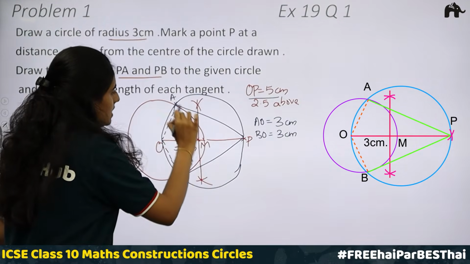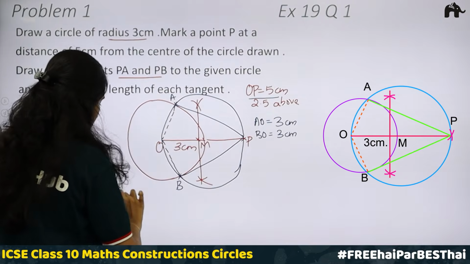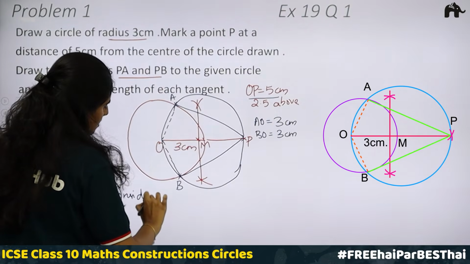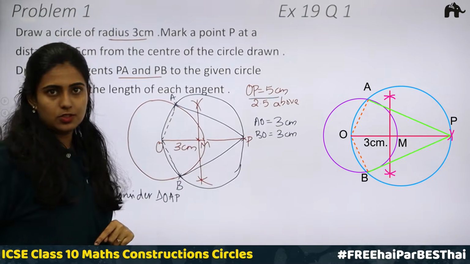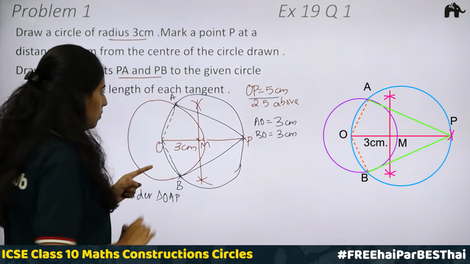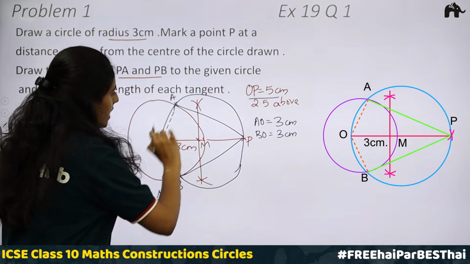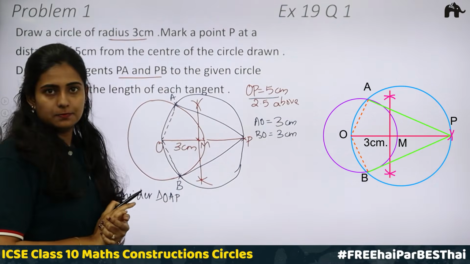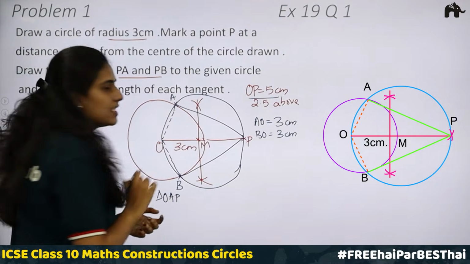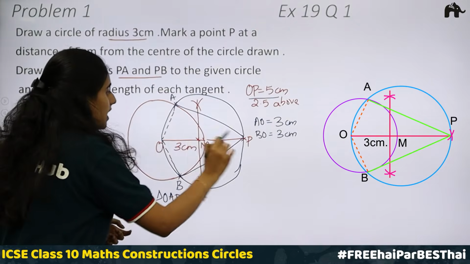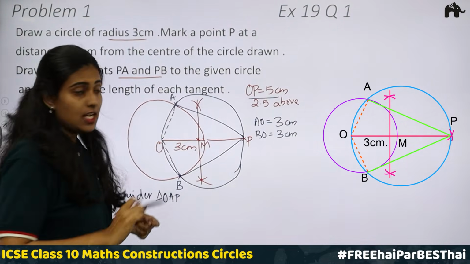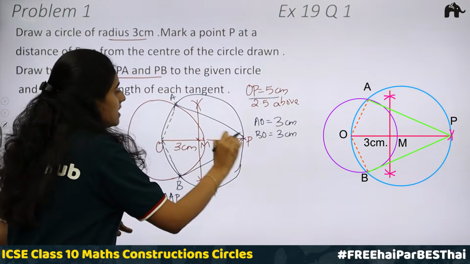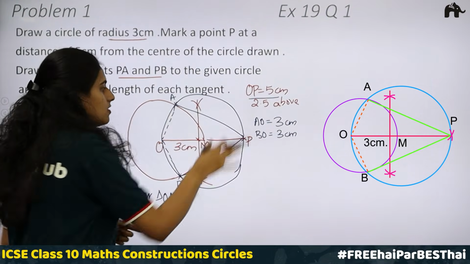When you consider this triangle, consider triangle OAP. Triangle OAP belongs to this bigger circle. Yes. So, this OP is the diameter. We have studied in the previous chapters that the diameter subtends a 90-degree angle on the circumference of the circle.